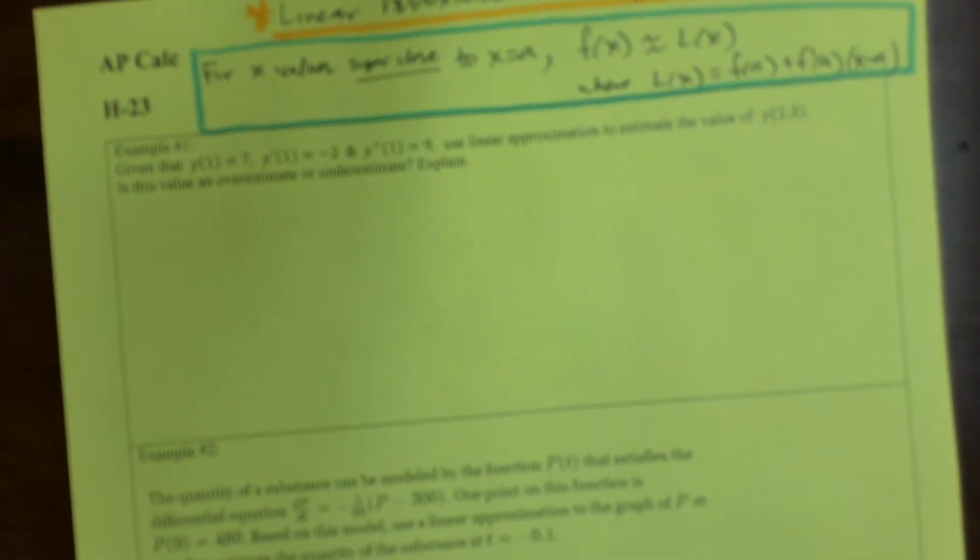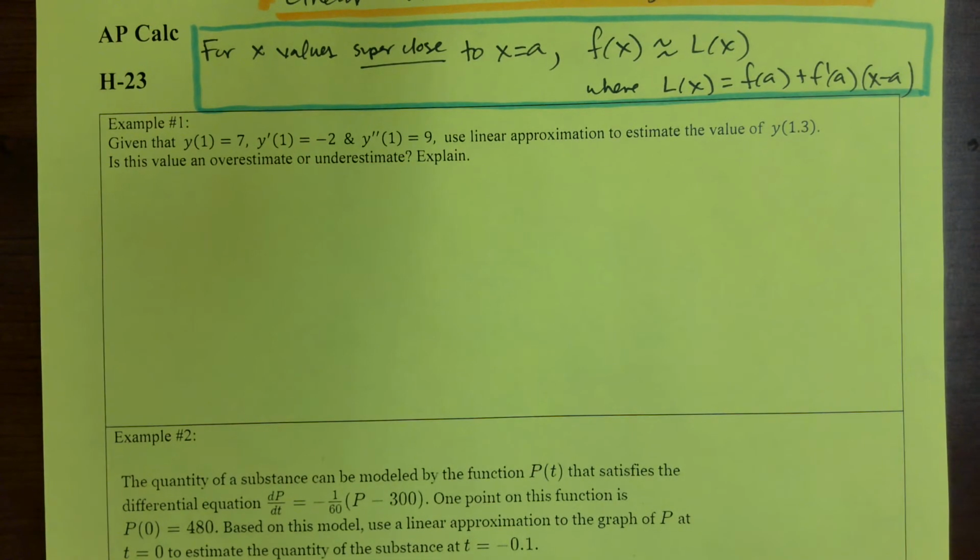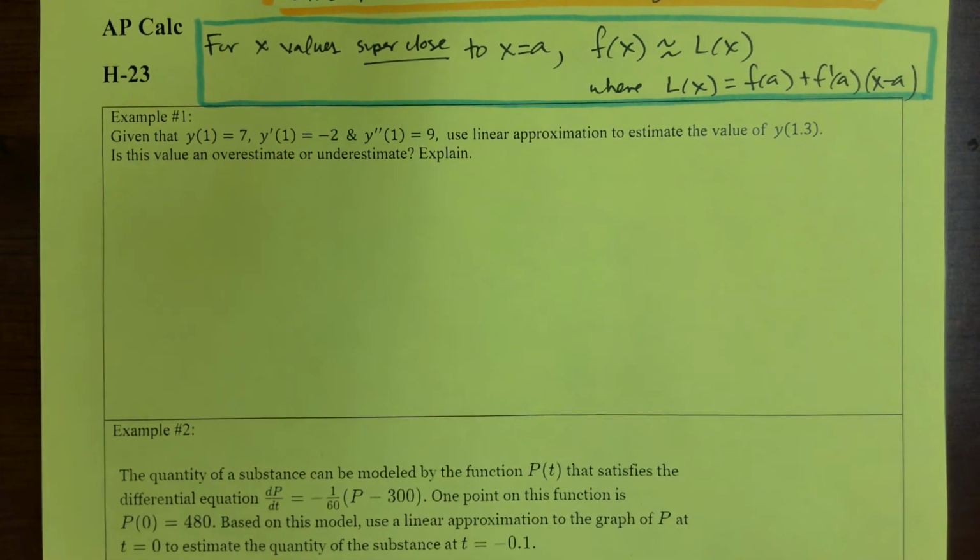Now let's read this problem. Given that y of 1 equals 7, y prime of 1 equals -2, and y double prime of 1 equals 9, use linear approximation, which is the same as tangent line approximation, to estimate the value of y of 1.3. Guys, notice 1.3 is pretty close to 1.